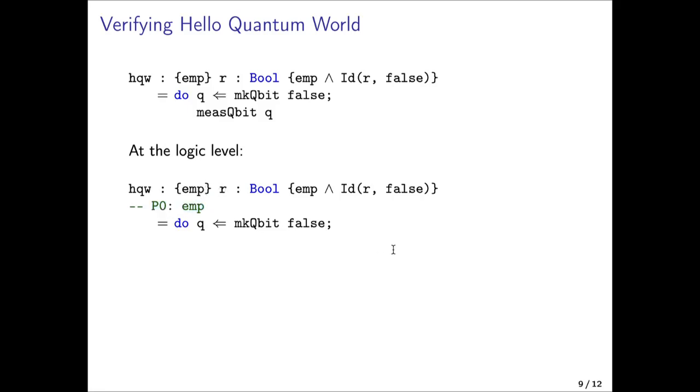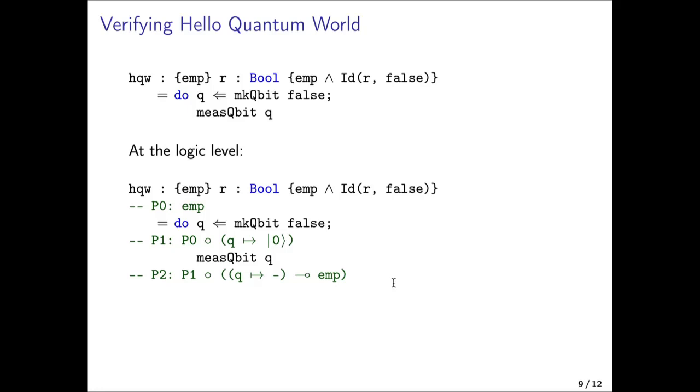Then when we step through, the precondition for the following command, measure qubit here, gets expanded, and we get the strongest postcondition for make qubit appended here. So now q is pointing to ket 0, as you would expect for make qubit false. And finally, when you do measurement, this qubit q that was pointing to something becomes empty.